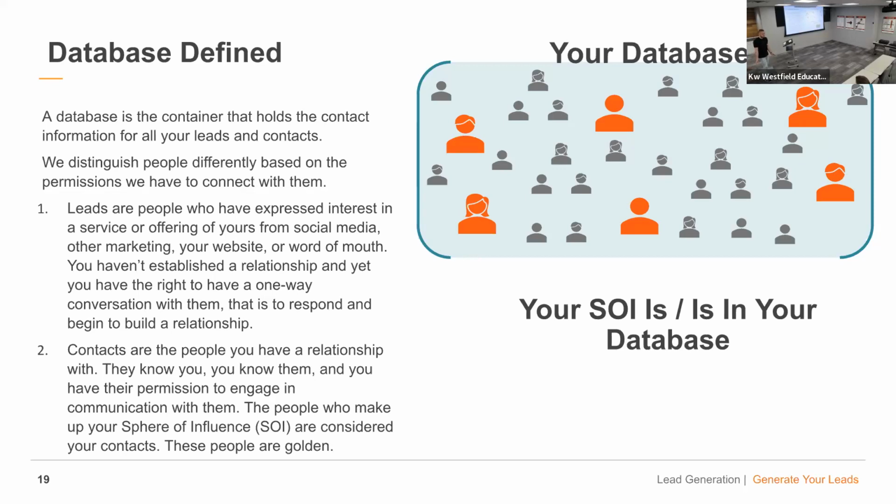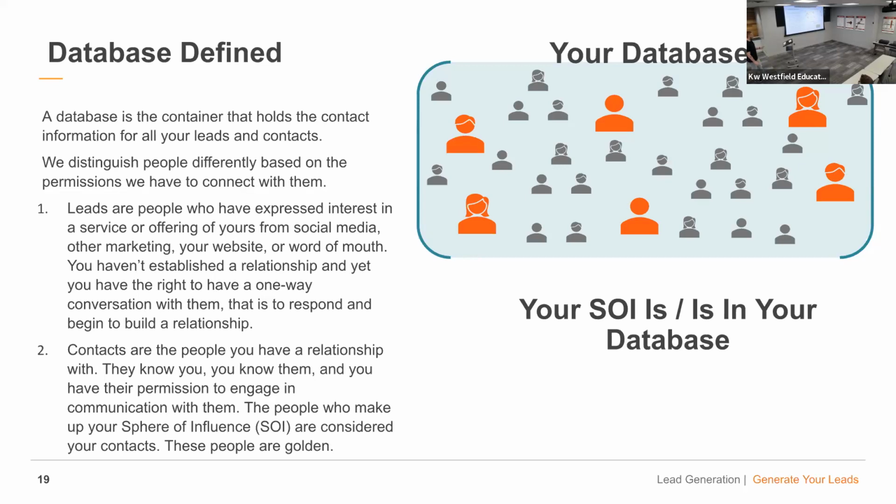Does that make sense? So it's not someone that you know very well or have talked to on 10 occasions, but for whatever reason, they may have clicked on something on your website and now you have their info. They're a lead, okay? A contact is someone you already have a relationship with, meaning there's already been two-way communication established. They know you, you know them, and you have permission to engage in communication with them.